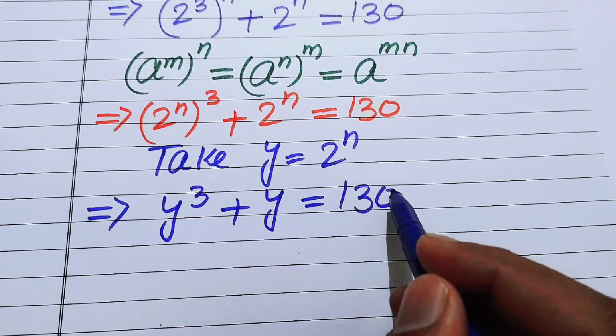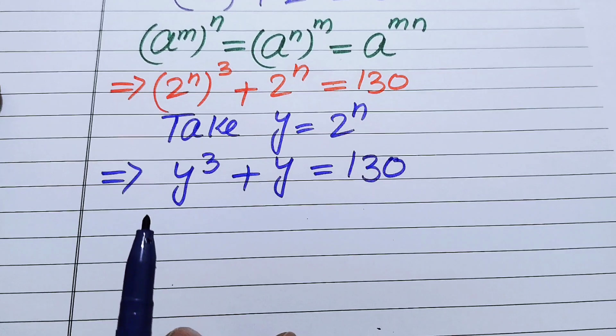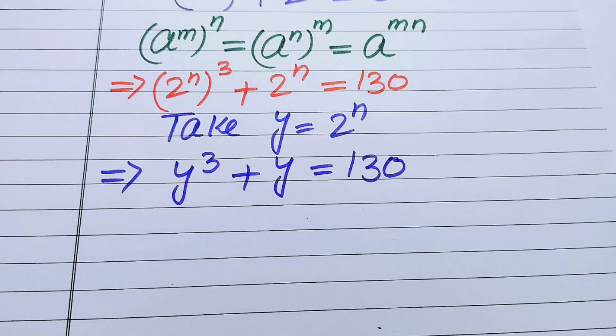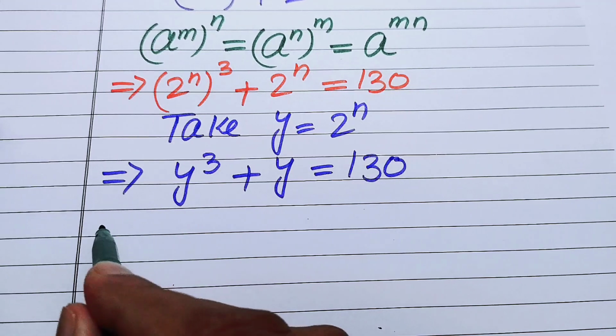In the next step you will see it becomes a cubic, so now we will factor this equation, or you can just break its middle term and we will easily get the factors.